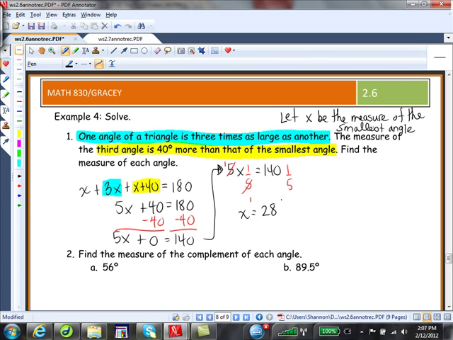So now do you see we also need to find 3x. So 3x is going to be 3 times 28, which is going to be 84. And we also need x plus 40. That's going to be 28 plus 40, which is 68.